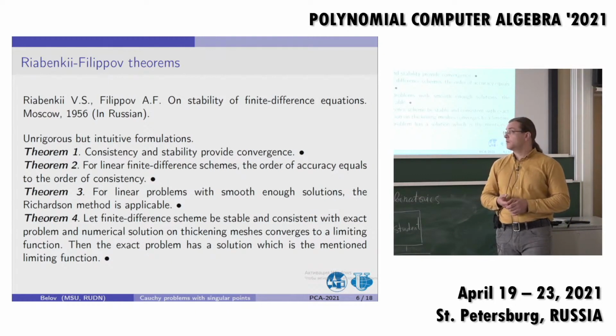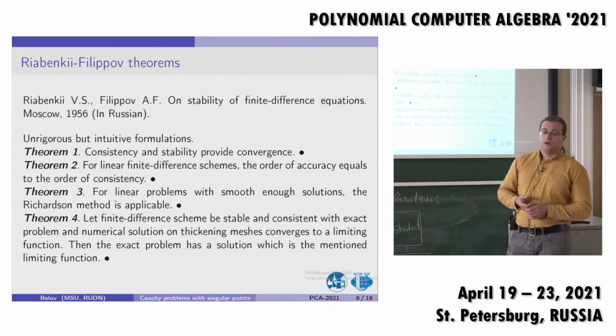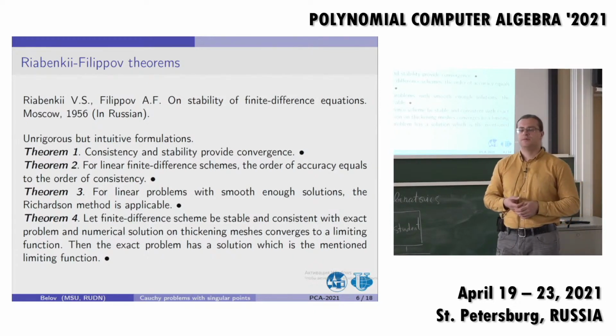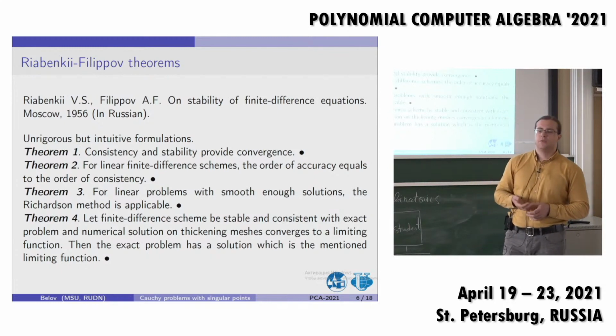And finally, the fourth theorem. Consider some initial exact problem. Consider some finite difference scheme that is consistent with the problem and stable. Let us perform calculation on thickened meshes and obtain a sequence of finite difference solutions, and assume these solutions tend to some limiting function.